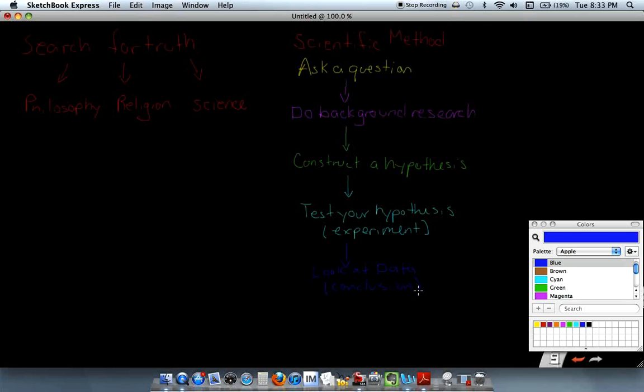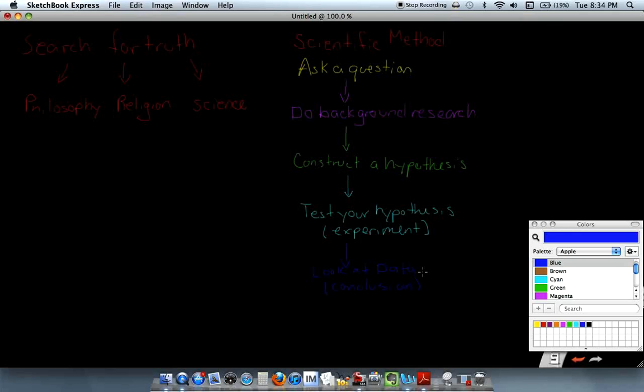This conclusion can be as simple as: was my hypothesis correct? Yes, my hypothesis was correct, or no, my hypothesis was wrong. It doesn't need to be a whole restatement of everything. It can just be a simple statement such that other people can look at it and use that information to perhaps come back and ask another question.